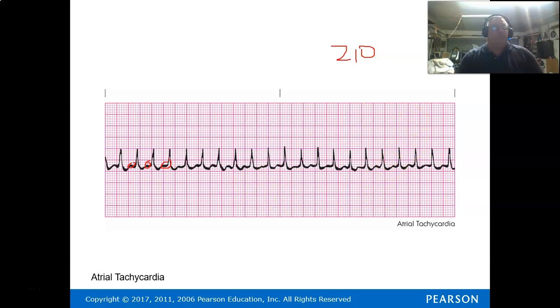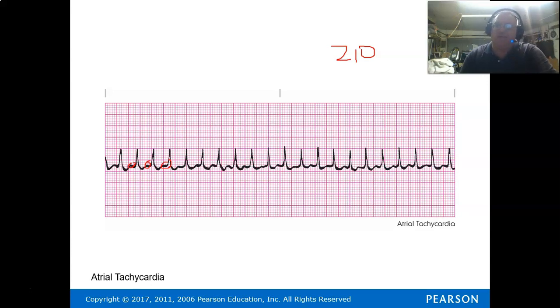Okay, now, speaking of this, and this is kind of our real important point. If I have a sinus tachycardia, I want to treat the underlying cause. If I determine that it is atrial tachycardia, that is an electrical problem. And we fix it with either slowing down the electrical system or resetting the electrical system.